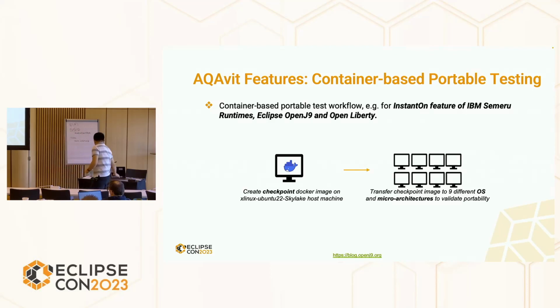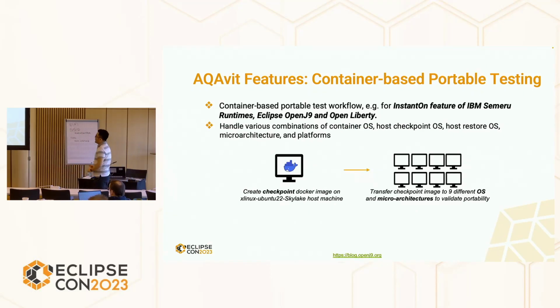If you think about the combinations, for host machines we have different OS, and for the container, we also have different OS. For example, on the host machine with Ubuntu 22, we can also run the container OS of UBI, which is the container OS version for Red Hat Enterprise Linux. And for the host restore, we can have different OS and different microarchitectures.